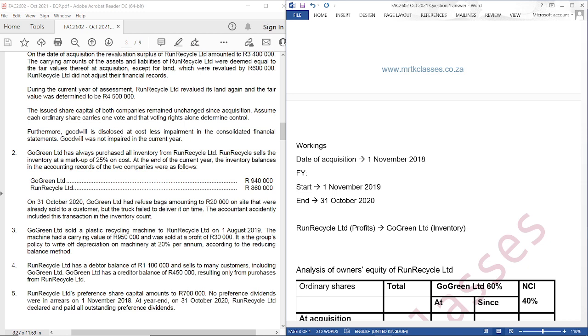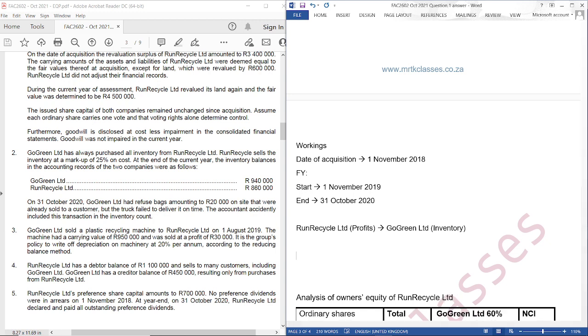Run Recycle Limited sells the inventory at a markup of 25% on cost. So a markup of 25% on cost, which means that cost is 100%.